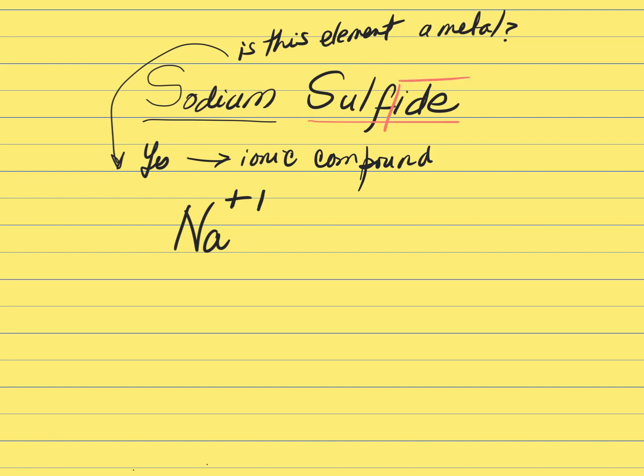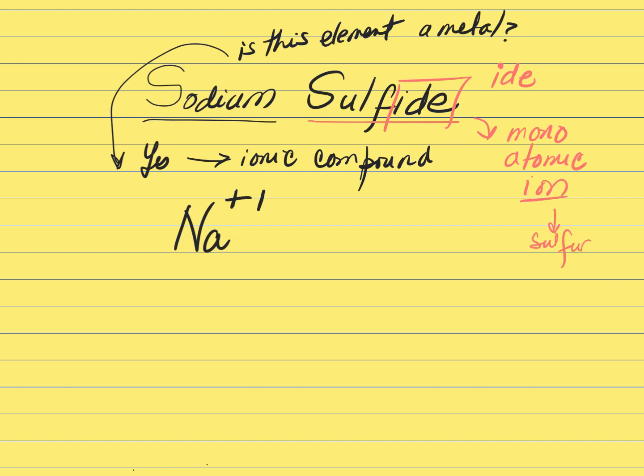If the ending is -ide, oh my God, I have a monoatomic ion. If I have a monoatomic ion, that means that sulfide comes from sulfur.